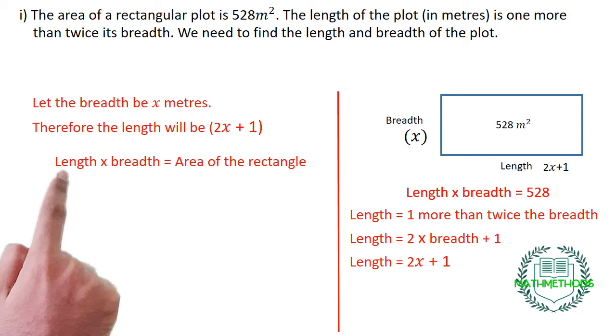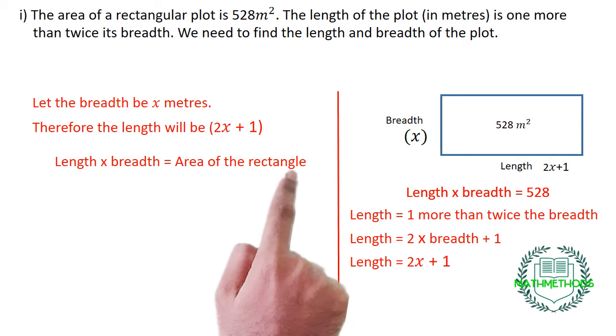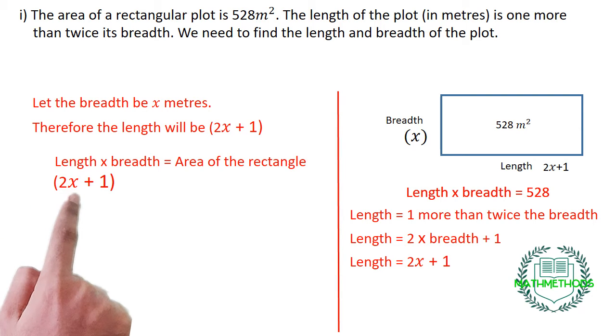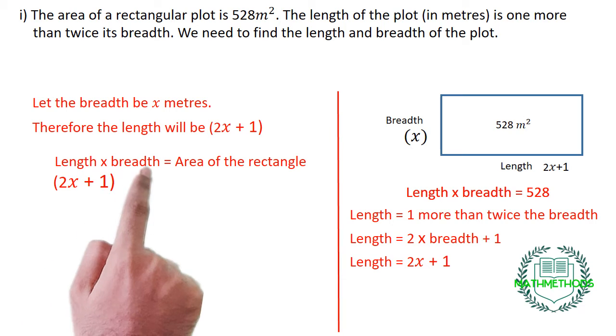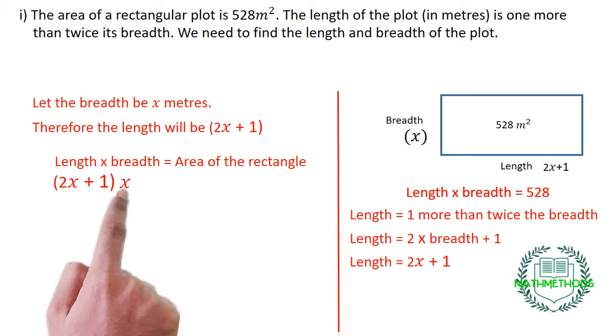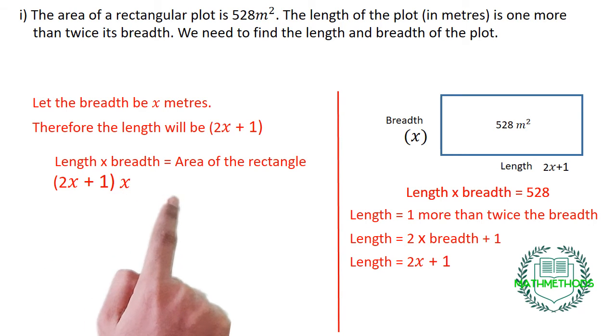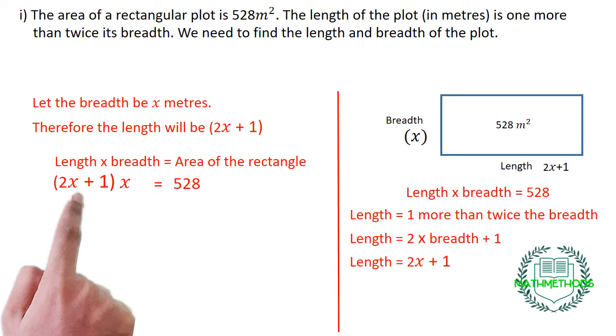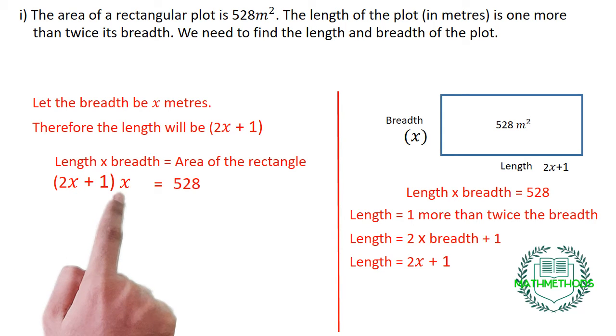Now length into breadth, we get the area of the rectangle. Length here is 2x plus 1, the breadth is x, and the area we are given as 528 square meters. Now we will multiply this bracket by x.